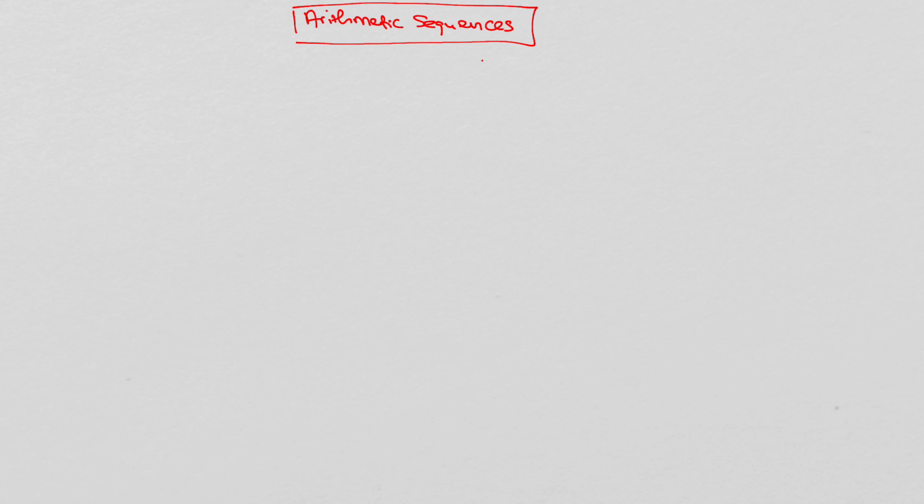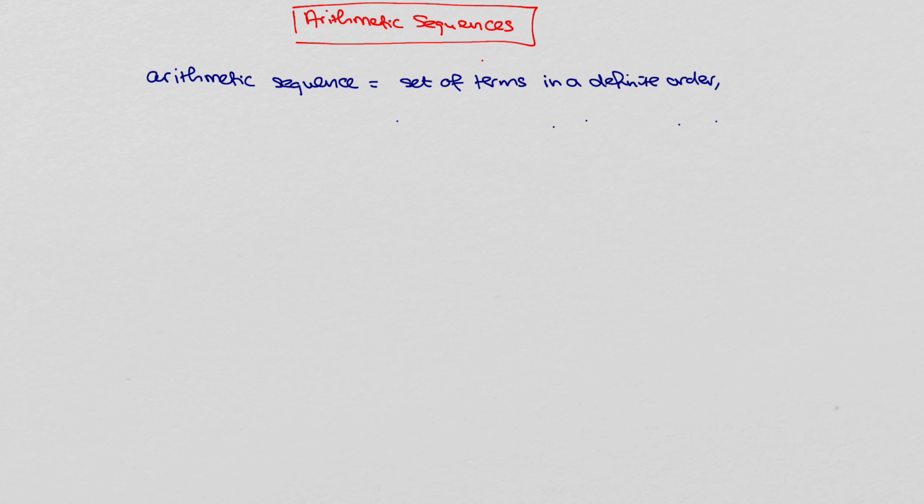So in other words, if I look at any example of an arithmetic sequence, we say that an arithmetic sequence is a set of terms in a definite order where the difference between any term and the consecutive term is constant.